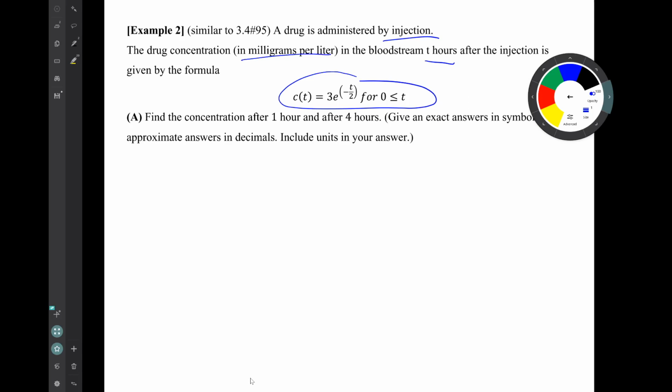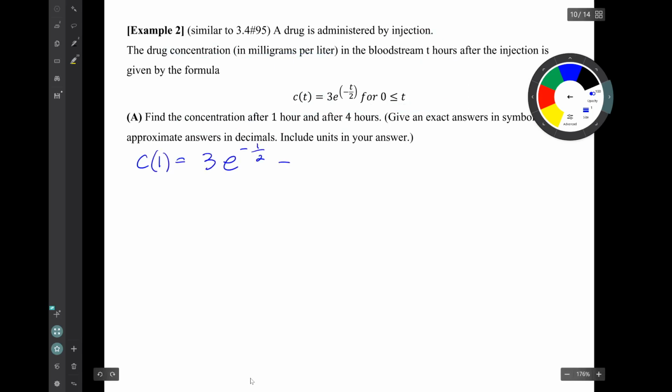All right, well, we have a formula for the concentration, and we're supposed to find the concentration after 1 hour and after 4 hours. So that just means to find the value of this function at those times. So we get the answer that C parentheses 1 is 3 over square root of E. Now we'll type that into a calculator in just a minute, but let's go ahead and get C parentheses 4.